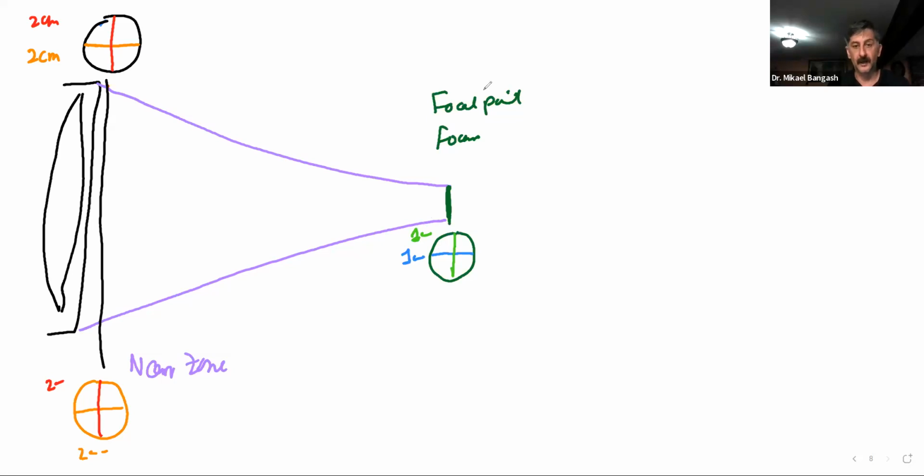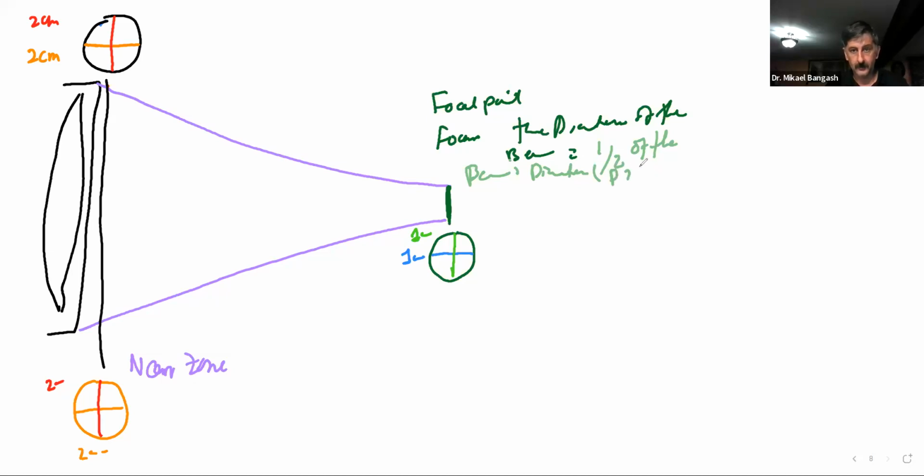We can say that at the focal point, the diameter of the beam is going to be equal to half of the beam's diameter, which in this case will be the PZT's diameter.